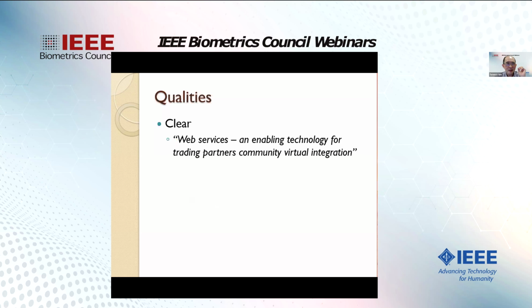Here's another quality: clear. Your title should be clear. Let's look at this example. Web services dash an enabling technology for trading partners community virtual integration. Ooh, I struggle to understand this.